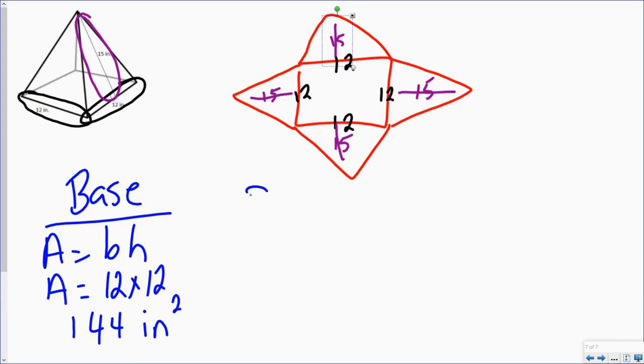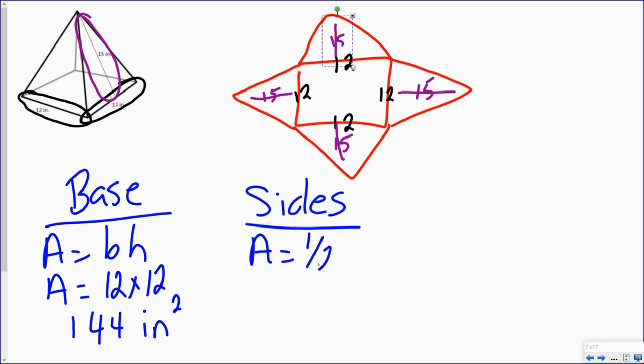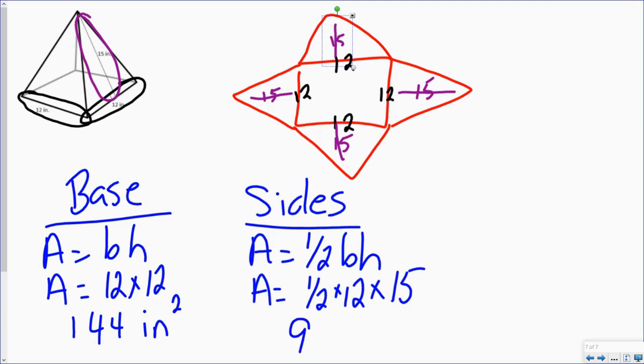And now if I do my sides, my sides are triangles, so that's area equals 1/2 base times height. And so that gives me 1/2. My base is 12 and my height is 15. So when I work all of that out, that gives me 90 inches squared.